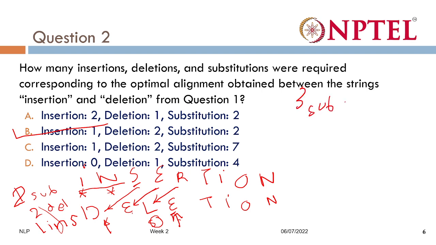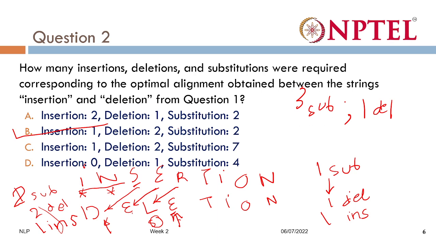3 substitution, 1 deletion. And what I said when I was discussing, one substitution can be thought of as equal to 1 deletion, 1 insertion. So I can see that there are two substitution options given. Can I try to break it in this form, like solving by options instead of going by the table way?